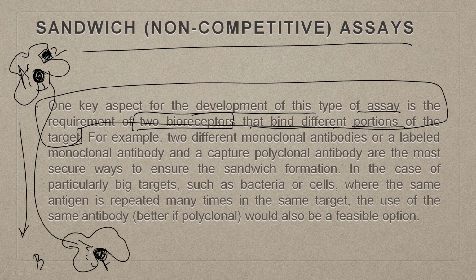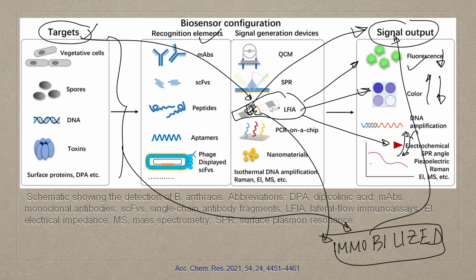So, in that case what you do is use 2 recognition sites, that is what it says: 2 different monoclonal antibodies, or a labeled monoclonal antibody and a captured polyclonal antibody. So, you need 2 different spots. If you go by the configuration, it will be something like this.